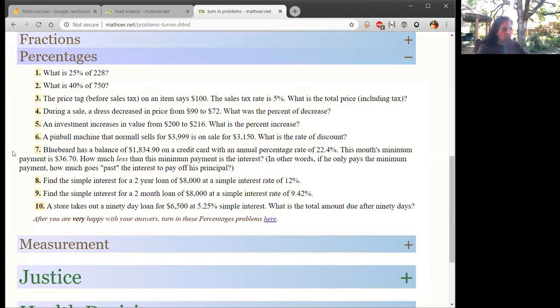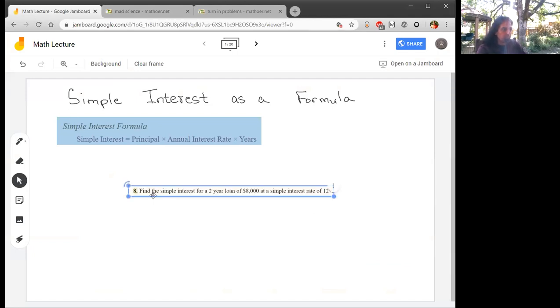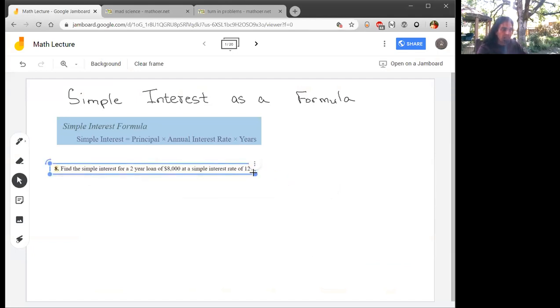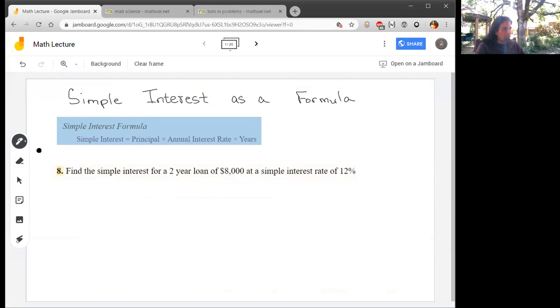So, since I don't want to do your turn-in homeworks for you, I'm going to change the numbers slightly.